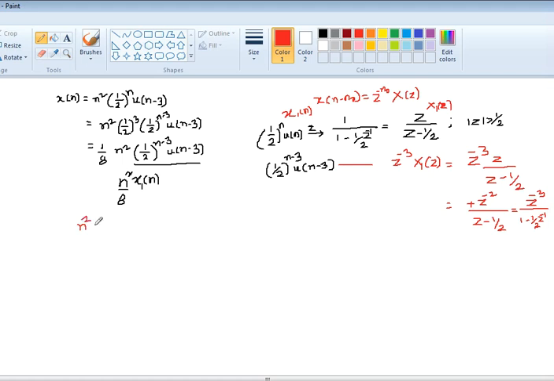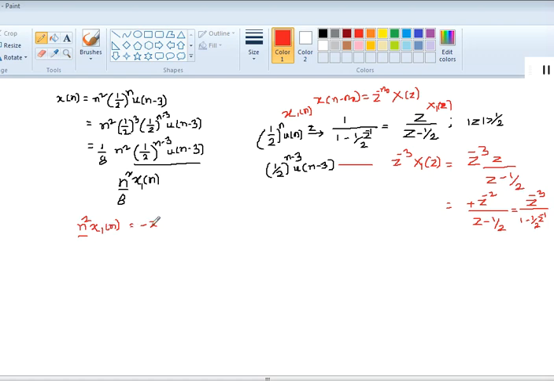Now we don't have simply this much. There is n square into x1 of n, and there is a constant divided by 8 also. So we can add this 8 later. Then we need to find n square, which would be minus z d by dz applied twice, because n into x1 of n has to be found by differentiation, and to get n square we need two times differentiation.